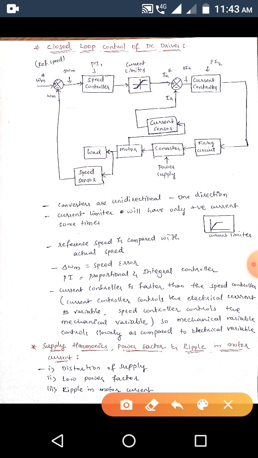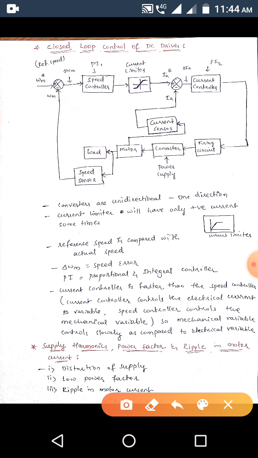Now we need to compare the reference speed and the actual speed of the load. When the speed is fed to this node, it starts comparing, and there will be some speed error.